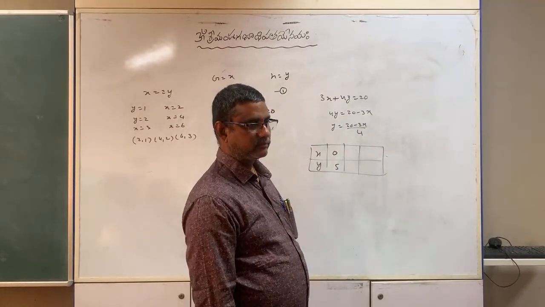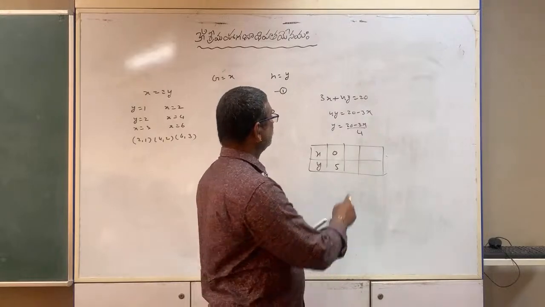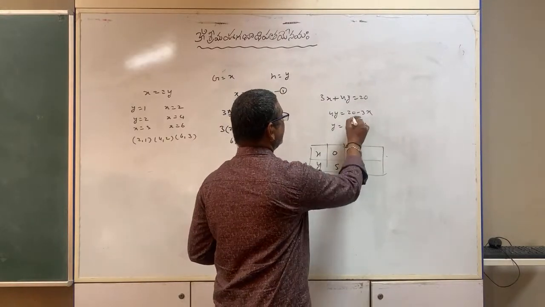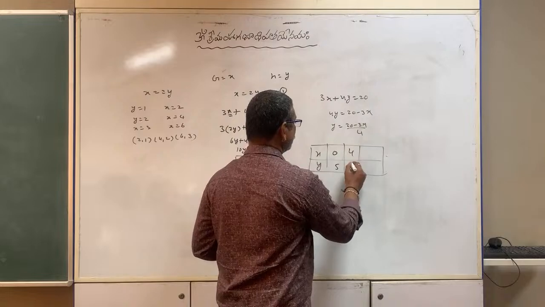X value 4 పెడదామా? 3 4s are 12, 20 minus 12 is 8, 8 by 4 is 2.